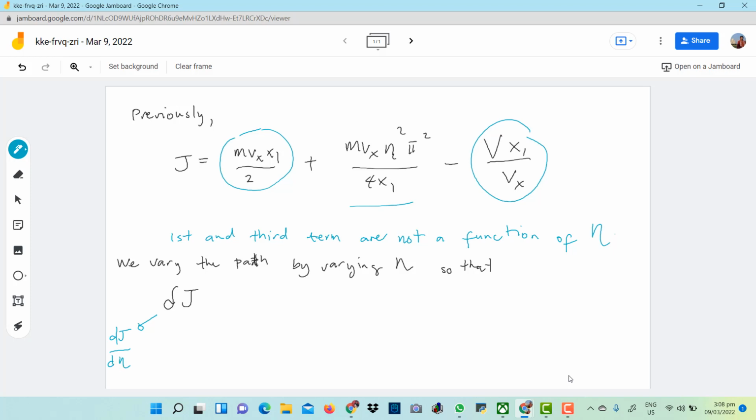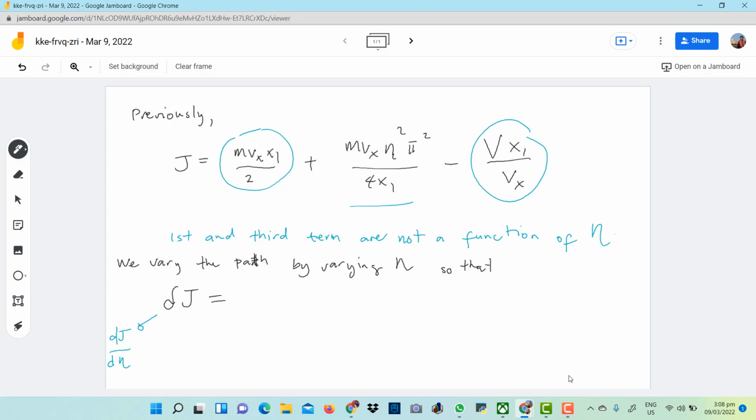So in this case, the change in J, the delta J, you derive with respect to eta. So meaning the first term and third term will vanish, because the derivative of the first term, since it is not a function of eta, is equal to 0. Since you vary the path by changing the function eta, deriving the third term with respect to eta is also equal to 0.